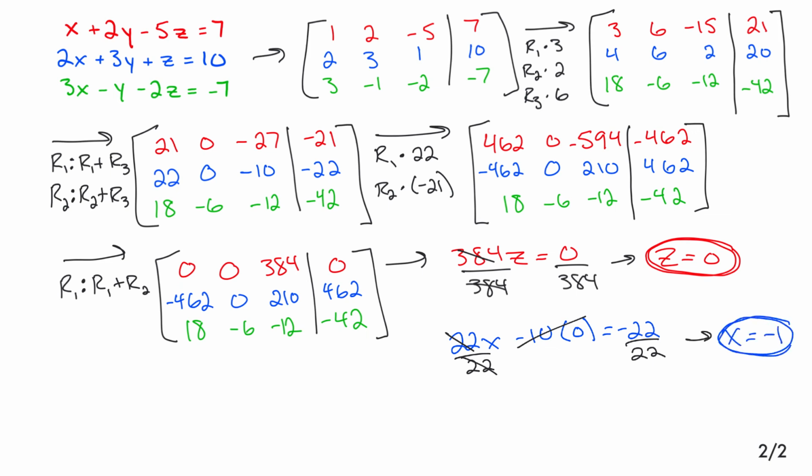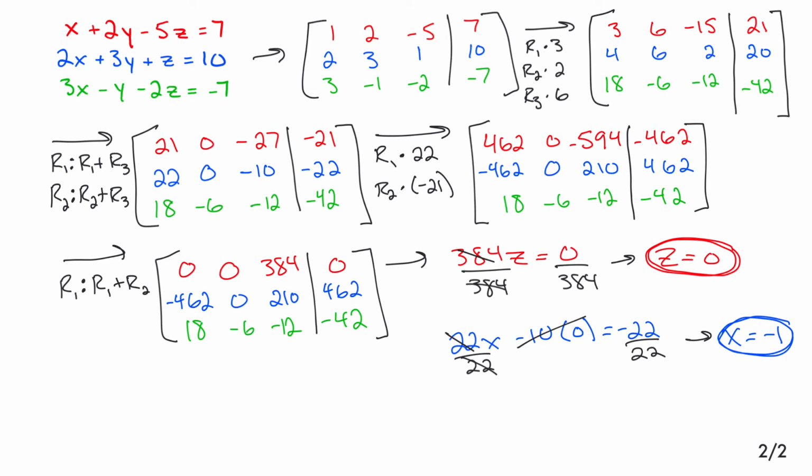Now that we have our second variable, we could again plug that into this green row because we have x, y, and z defined. Or I could plug it into this row, or this row, or any of these three original equations. It does not matter. All of them will produce the same answer. It's just pick and choose at that point. I'm going to pick this row because we have kind of ignored the green row for a bit.